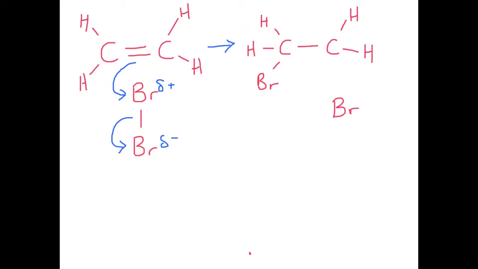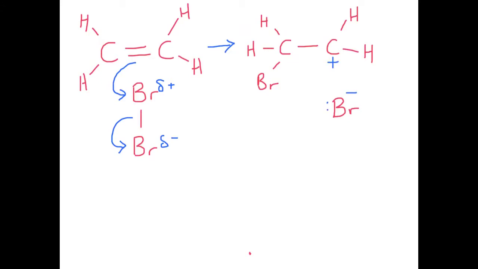So in the next stage of the reaction, we therefore have an intermediate stage where one of the bromine atoms has been joined to one of the carbon atoms in the double bond. The double bond is no longer there because that pair of electrons is now between that carbon and that bromine.